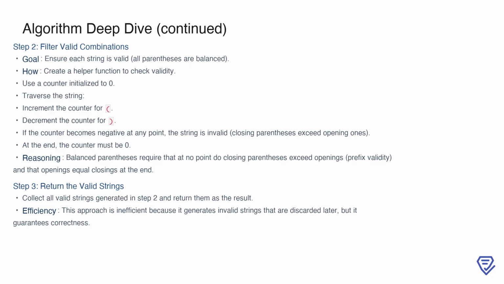If at any point the counter becomes negative, it means there are more closing parentheses than opening ones, making the string invalid. Additionally, for the string to be valid, the counter must return to 0 at the end of the traversal, ensuring that the total number of opening and closing parentheses are equal. By applying this validation step, we can discard the invalid strings and collect only those that satisfy the balance constraints. While this approach is not the most efficient due to the initial generation of invalid strings, it does guarantee correctness by thoroughly checking each candidate.